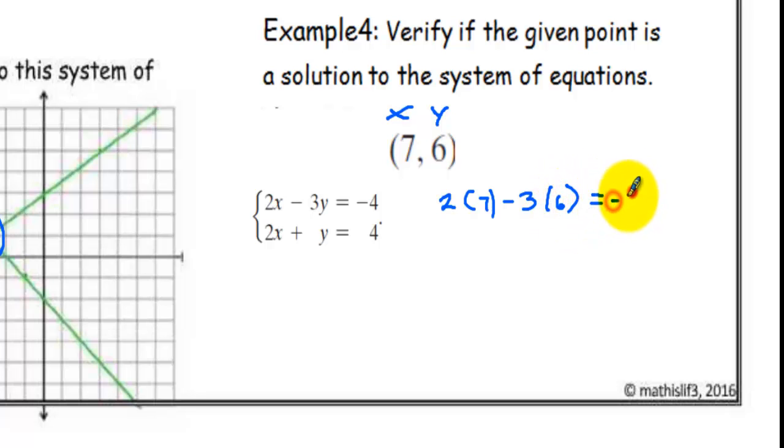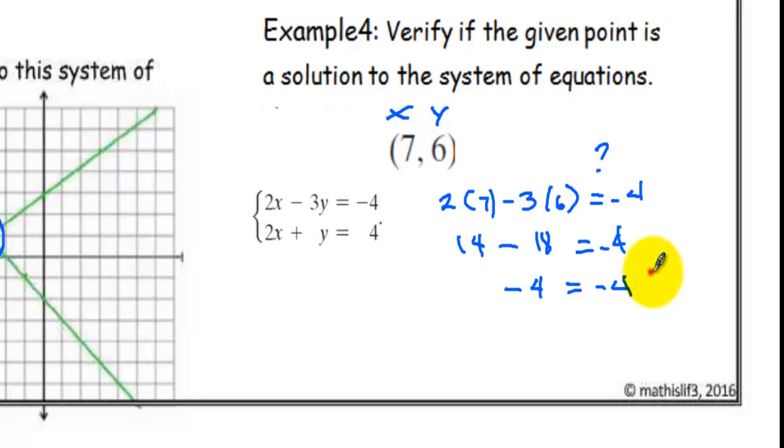Is it equal to negative 4? So 2 times 7 equals 14. 3 times 6 is equal to 18. Now 14 minus 18 is equal to negative 4. So the left side is equal to the right side. So this is a true statement.